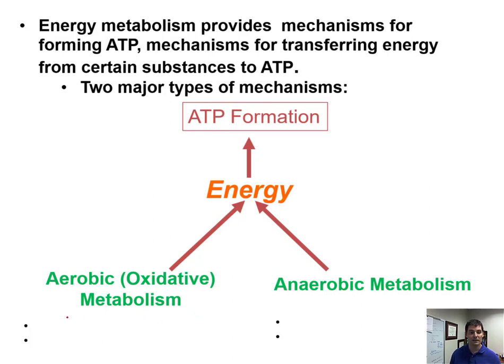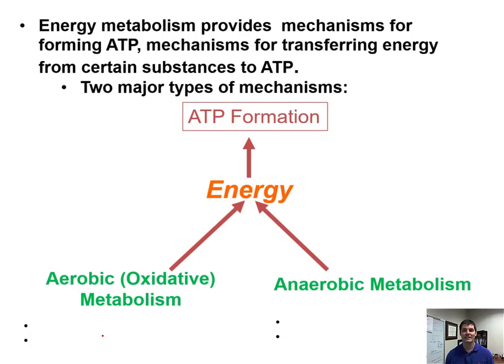So the pro for aerobic metabolism is that we generate a large amount of ATP. The con is that it is slow to get going and slow in its production, so it can't produce ATP at a rapid rate.